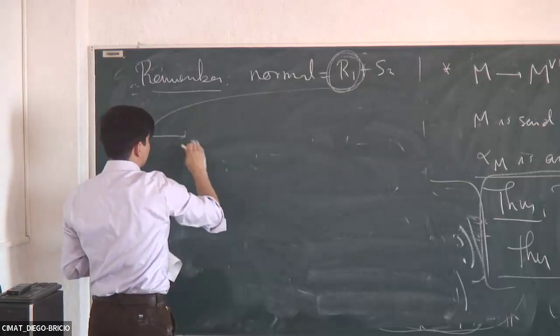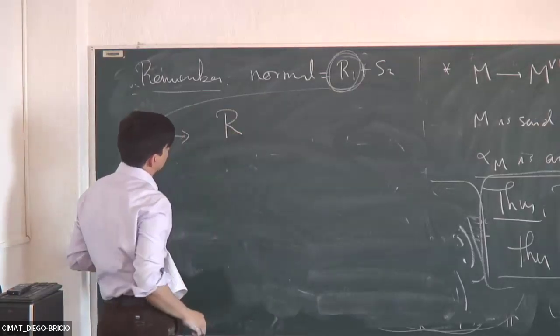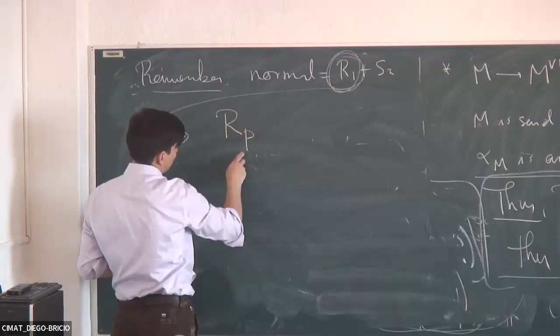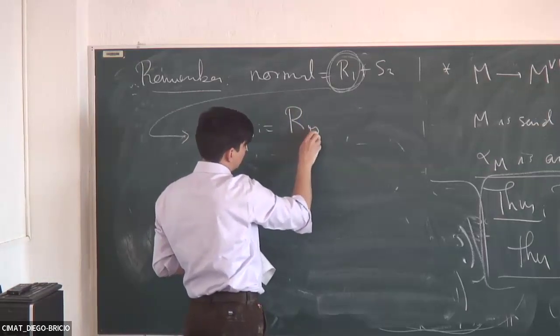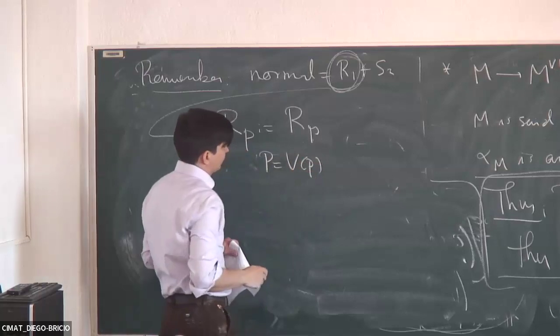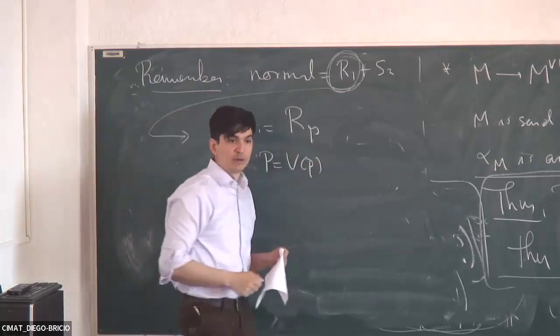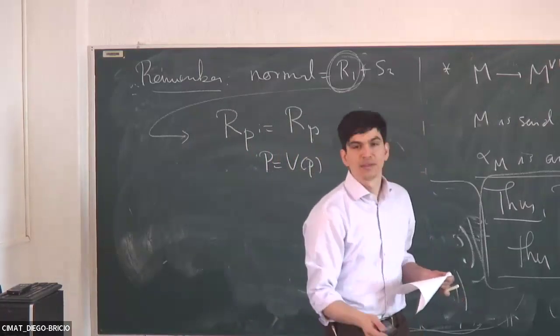So what does that mean in practice? It means that if I take R and I localize it at the prime divisor, meaning that I localize it at P, where P is the variety of P, okay? This is regular. It's a regular one-dimensional ring.